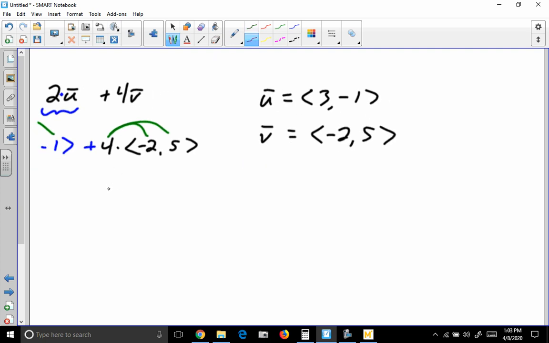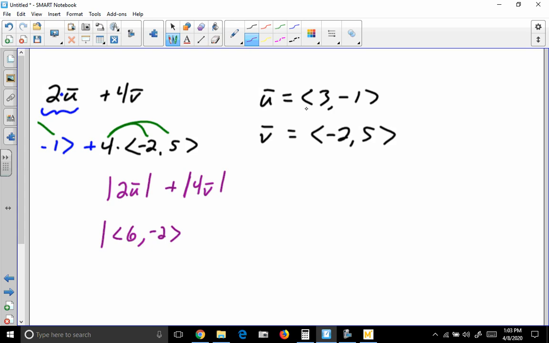Instead of finding the magnitude of 2u plus 4v, let's find the magnitude of 2u plus the magnitude of 4v. So let's find 2u. 2u would be 2 times 3 and 2 times negative 1.